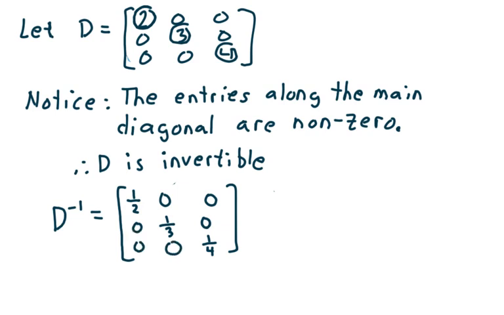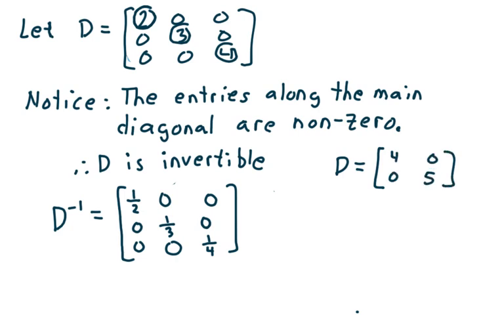So let me say that again. To get the entries along the main diagonal of D inverse, we took the reciprocal of 2, the reciprocal of 3, and the reciprocal of 4. And then all the other entries off that main diagonal are all 0, or they remain 0. And that's how we get D inverse. So to give you an idea, if D was just a 2 by 2 matrix, suppose we had 4, 0, 0, 5.